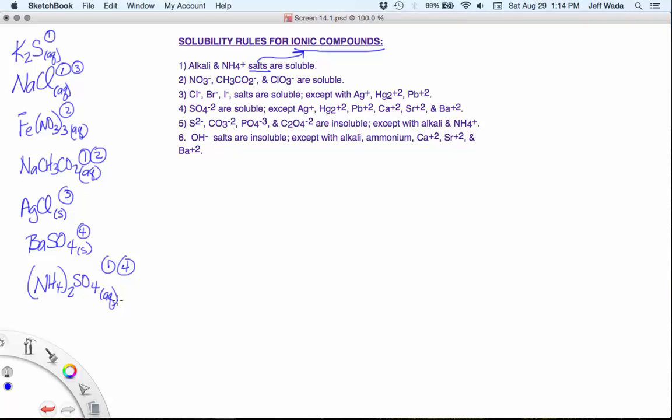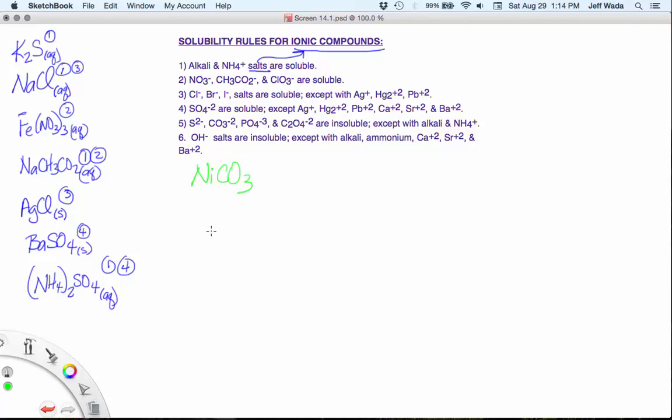Let me give you a couple of them. You can pause the video, take some time to look through the rules and identify if it's soluble with the subscript AQ, or if it's not going to be soluble, you put the subscript S in parentheses. Okay, so let's go with first nickel carbonate. We've got nickel 2 carbonate.